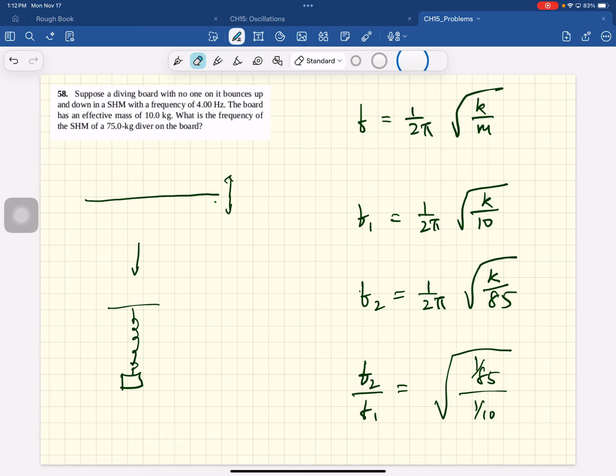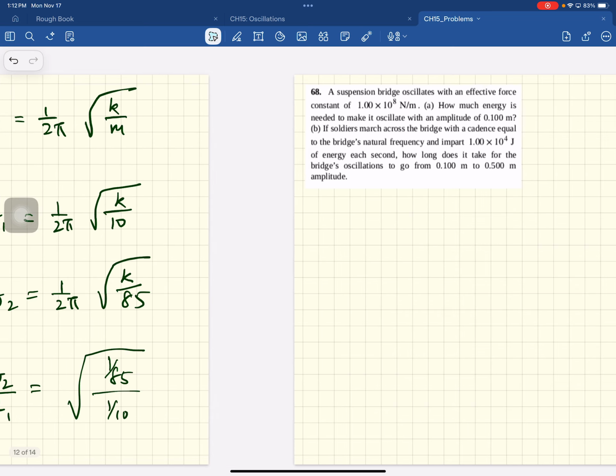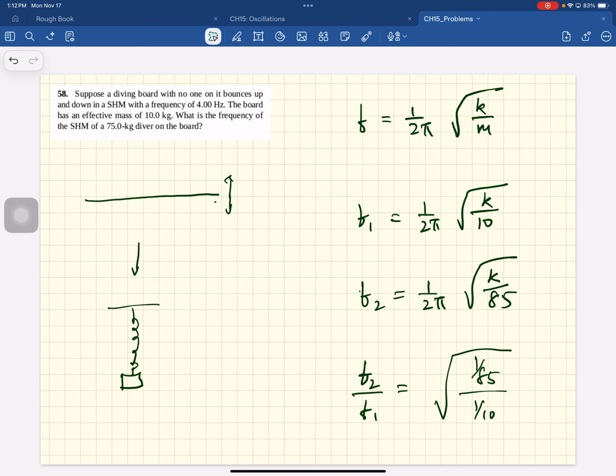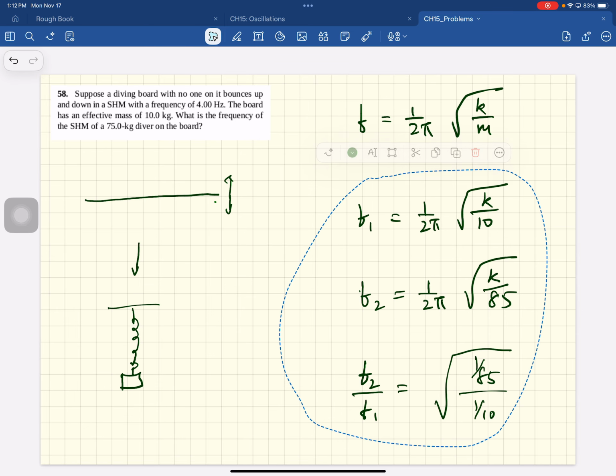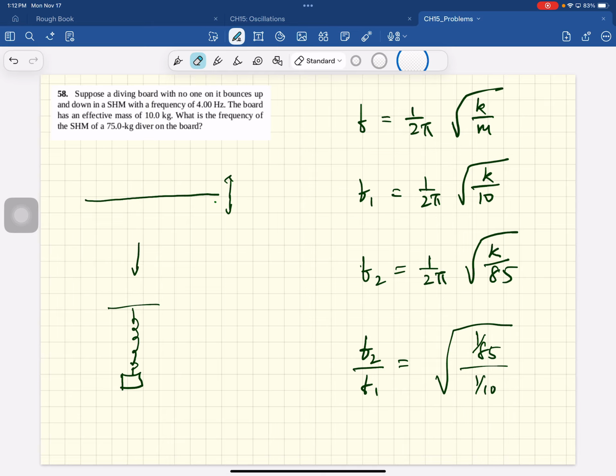So F1 is 4 hertz, so F2 works out to the result.